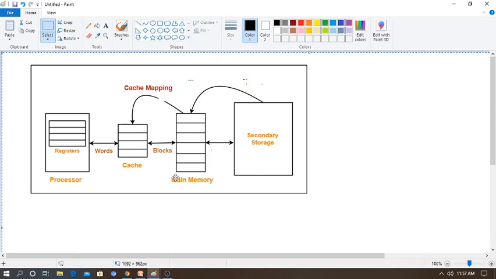That is another mapping technique we will see in upcoming sessions. So the simple point: if the word or information is not available in the cache memory, the data will be brought from the main memory to the cache. That is called cache mapping. At last it moves to the processor. This is a simple thing you have to remember about cache mapping.